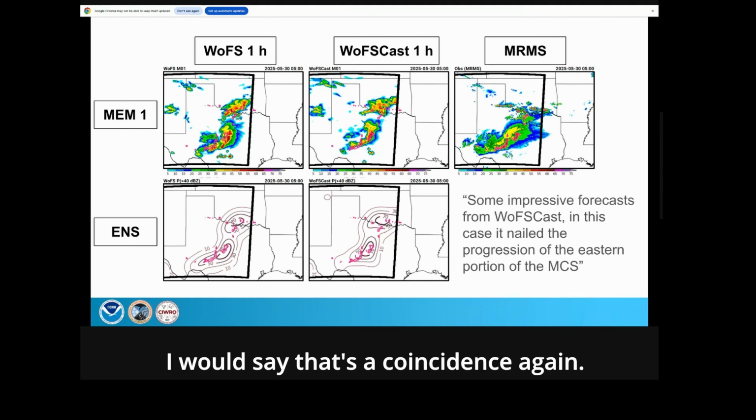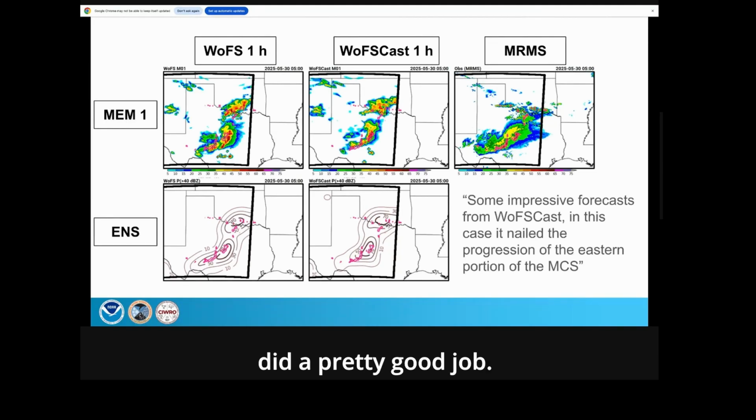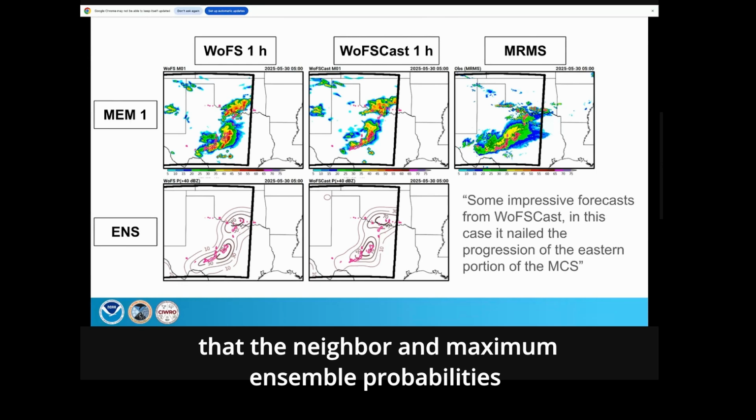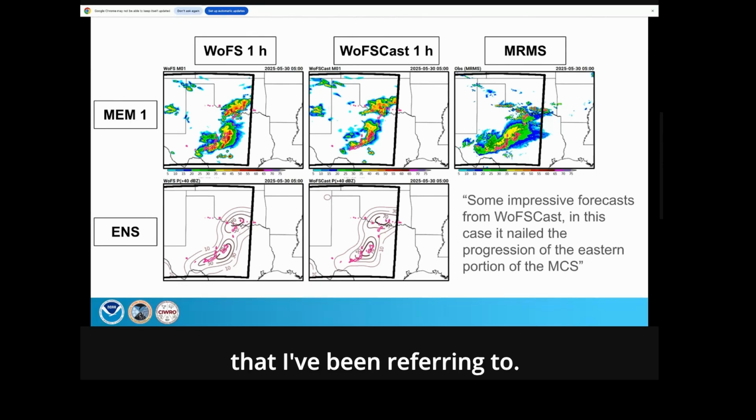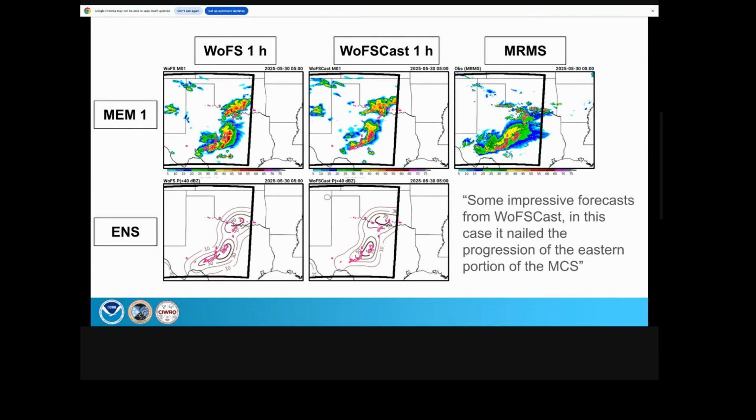I would say that's a coincidence. Again, there's no reason to expect the WoFSCast can systematically beat the WoFS. But the main point is that the WoFSCast did a pretty good job. And sorry, on the bottom, those are ensemble forecasts, the neighborhood maximum ensemble probabilities that I've been referring to, and the top is just the first member of the WoFS and the WoFSCast. So comparing deterministic forecasts.